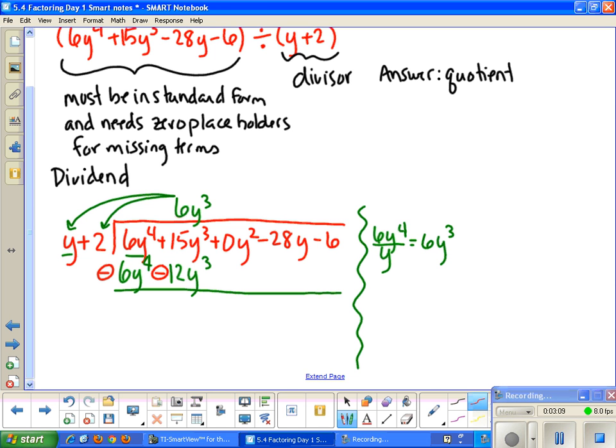So 6y to the fourth minus 6y to the fourth cancels out, which we did on purpose. And then 15y cubed minus 12y cubed gives me 3y cubed. And then you bring down your other terms. And then you're going to start all over again.